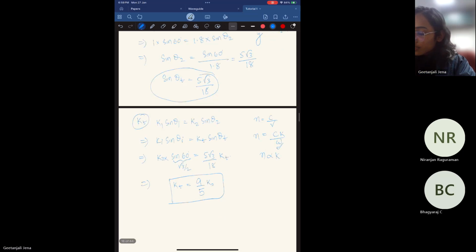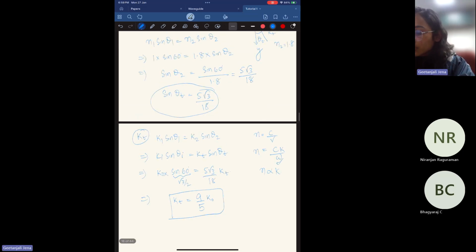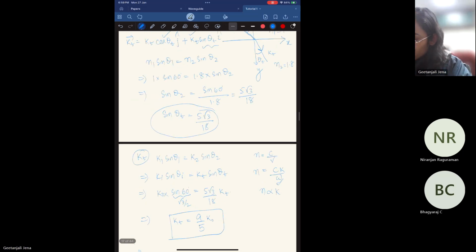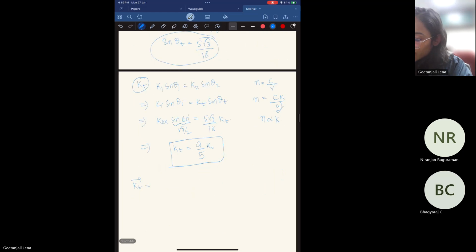Okay. So you know what is kt now. So the next is to find out what is the kt vector, which is kt cos theta t jk plus kt sin theta t ik. So kt is 9 by 5 k0. cos theta t you can find out by taking root over of 1 minus sine square theta t.